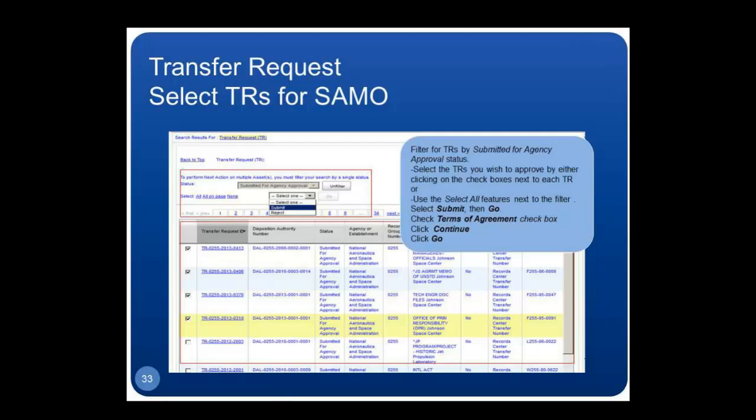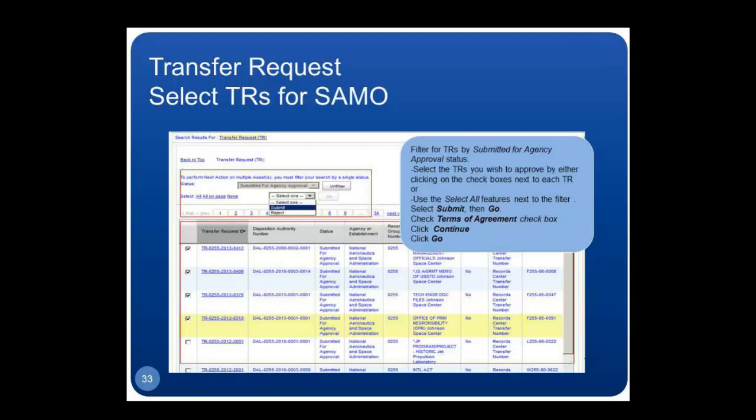Virtually everything we send you has these dates on it, so I thought I'd throw them into the mix. Keep in mind that transfer requests that you wish to approve and propose to the National Archives for legal transfer need to be submitted to NARA for their consideration by the archival units by the 1st of December.